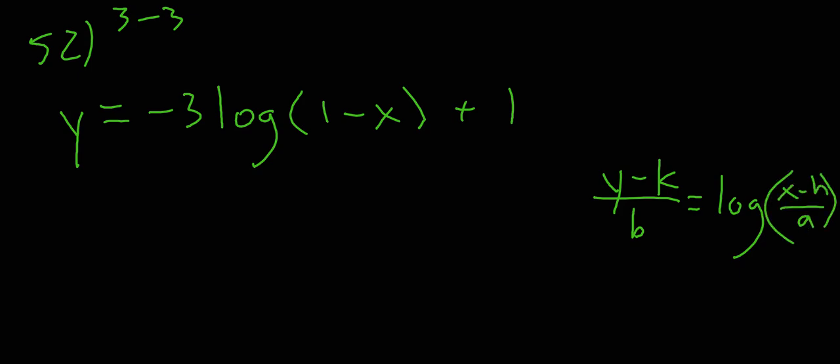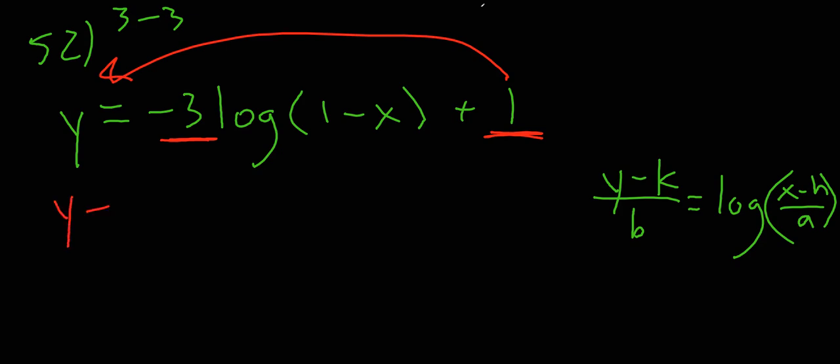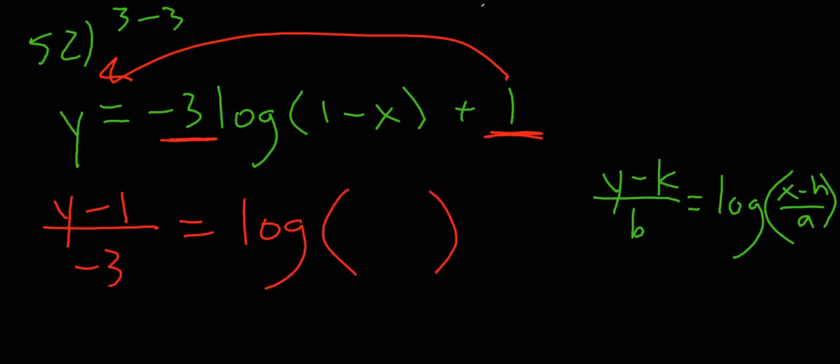a. Okay, so changes on the outside must be affecting the y's. So how do I get those to move over to the other side? So we subtract 1 and divide by -3. Okay, so we got that part. Now, inside here, we always know that it has to be 1x. This is not 1x.